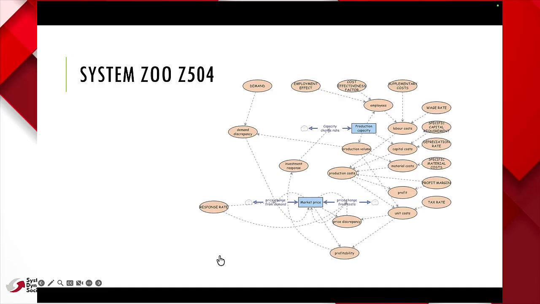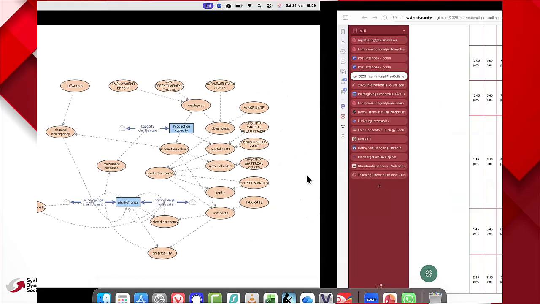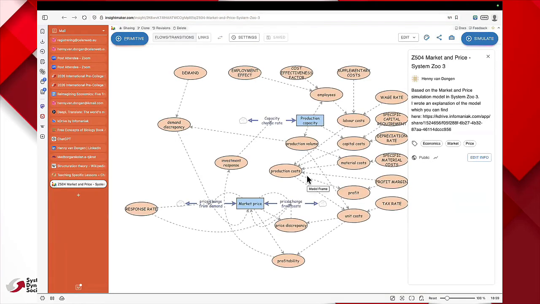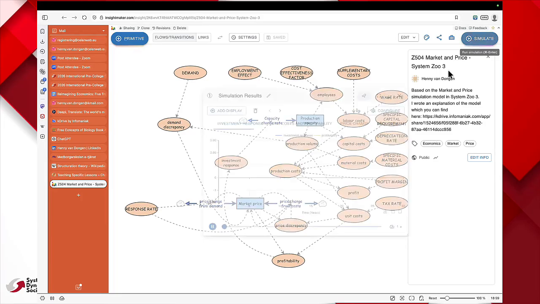It simulates the price mechanism. I built it so that, if it's okay, you should now be able to follow me. You are also seeing the Insight Maker website. Is that so? Does everybody see the Insight Maker? Okay, lovely. Then I'm going to simulate it.